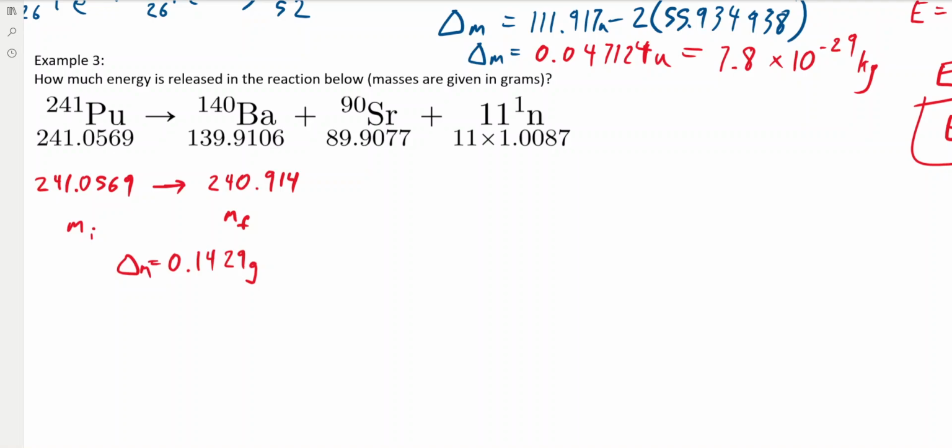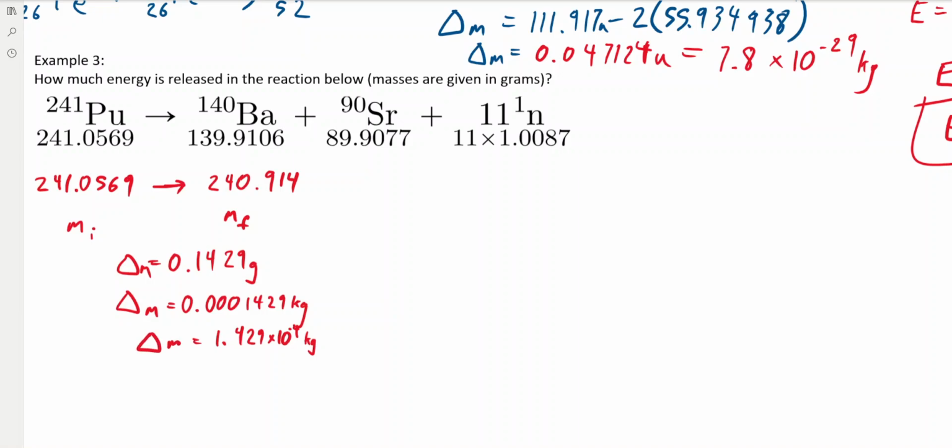So that means our change in mass in kilograms is 0.0001429 kilograms, or 1.429 times 10 to the negative 4 kilograms.